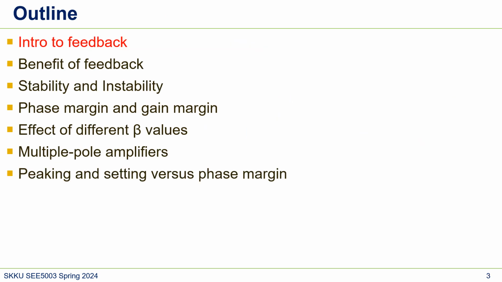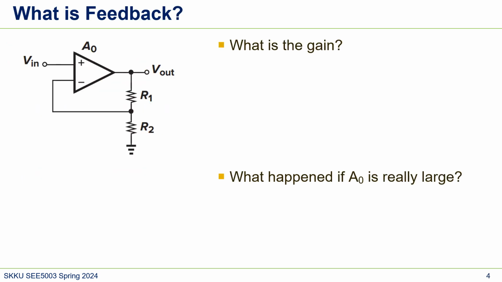Here's the outline. We'll talk about feedback. What is feedback? Here's the very basic example of a feedback amplifier. So what is the gain? Gain would be V out.